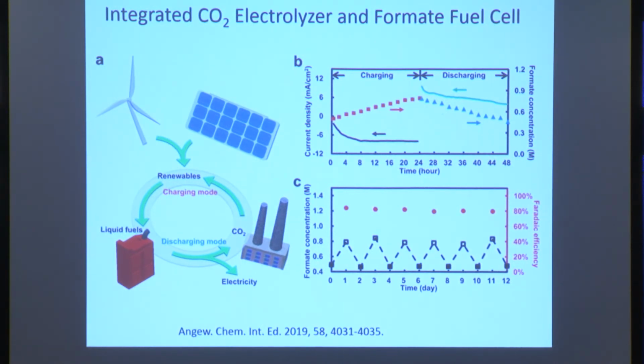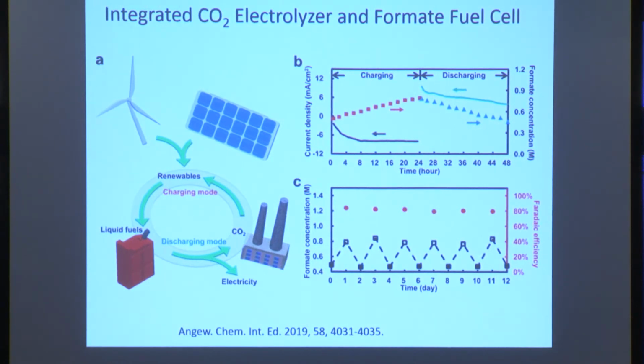Say now I have free electricity and I can run it in this negative potential range where I convert carbon dioxide to formate. Then this formate can be stored as a liquid fuel. Then in other scenarios where I actually need energy, I can run it in this more positive potential range, and I convert the electrode to be active for reoxidizing formate back to CO2, and then electricity will be produced.